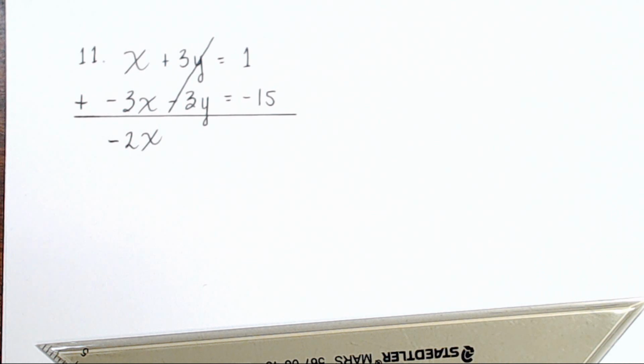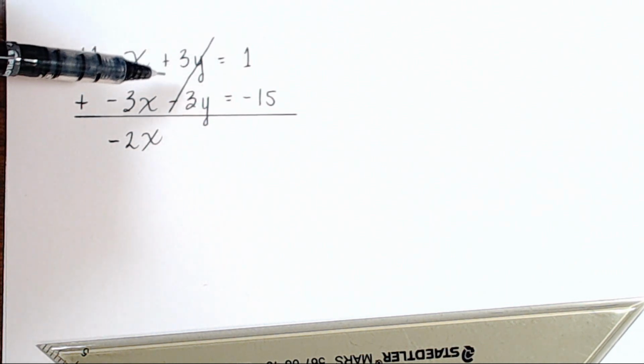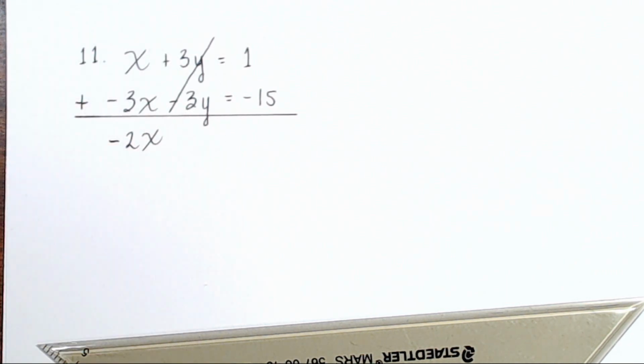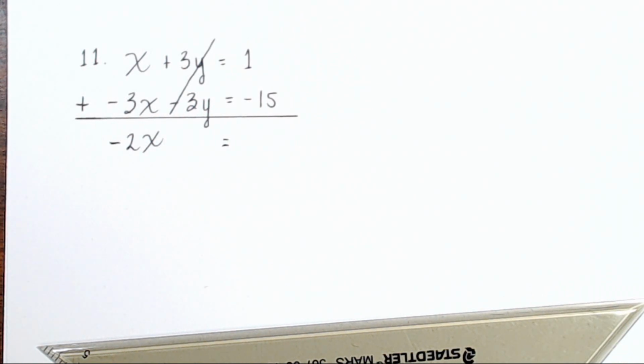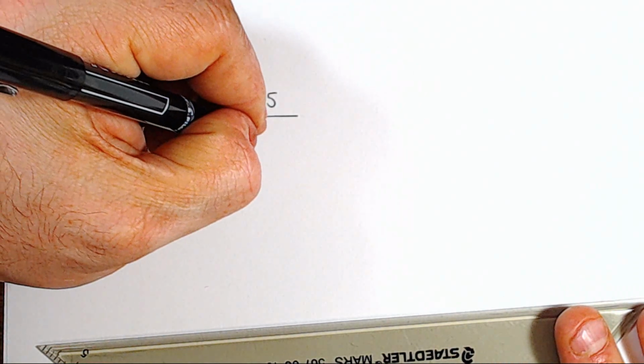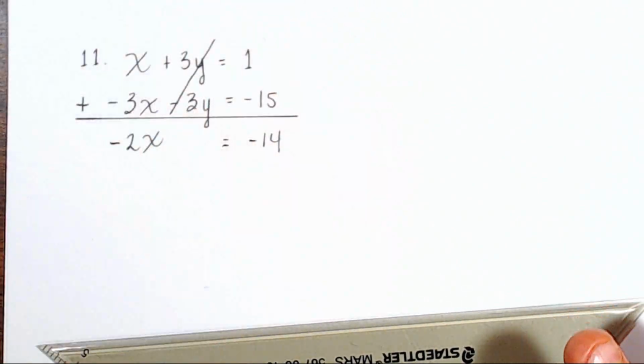And what you just did was you eliminated the y variable by adding. So now we'll just continue. Equals, what's 1 plus negative 15? Negative 14. Correct. Now guys, look how quick this is.